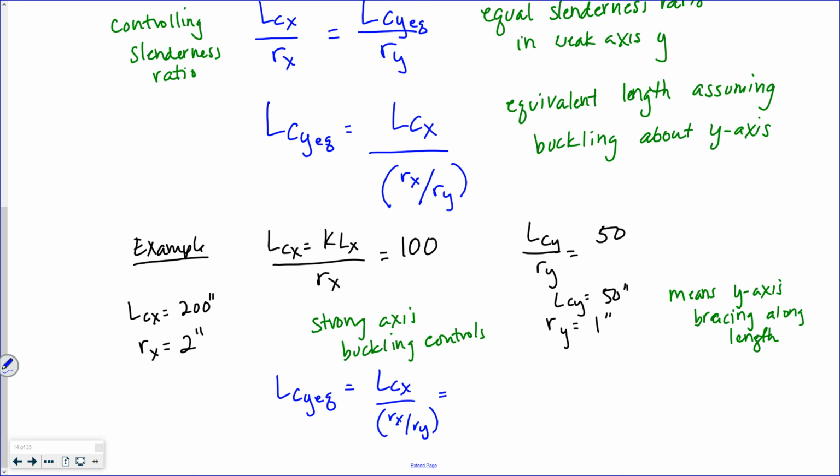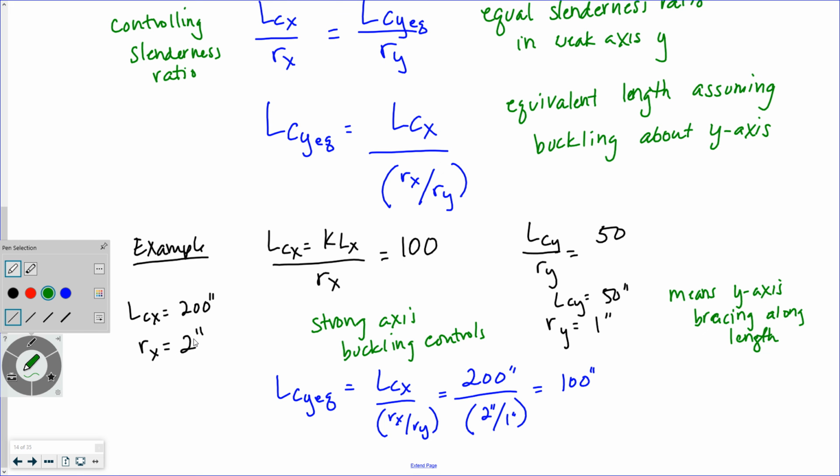So let's see, LCX was 200 inches, RX over RY is 2 inches over 1 inch. So that gives you 100 inches. 200 divided by 2.